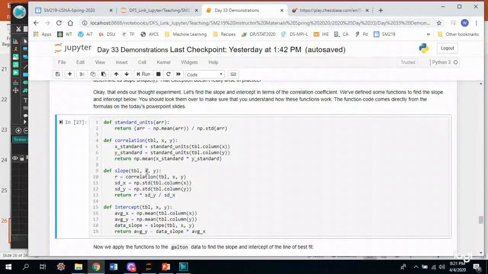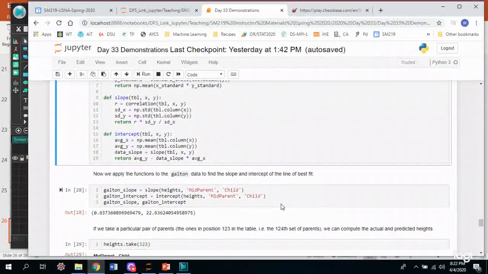It takes a table and an X label and a Y label and computes the correlation, the standard deviation of X and the standard deviation of Y, and it returns the slope of the regression line for Y regressed on X. And similarly, we have the intercept function, which is returning the intercept of Y on X, where the data is contained in this table.